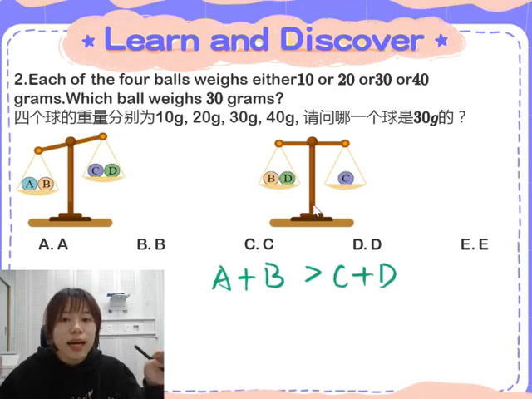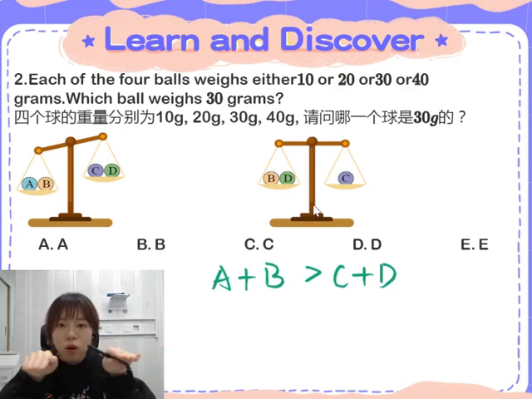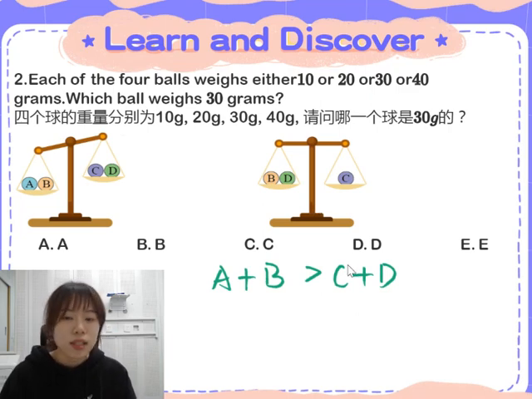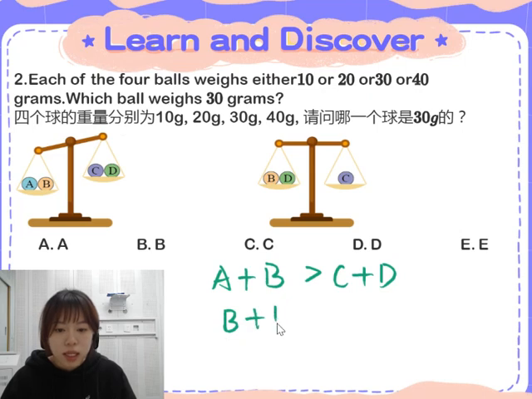This one, they are at the same level. So which means they have the same weight. Perfect. 2 sides have same weight. So B plus D equals C. Oh, equals C. Sorry, equals C.